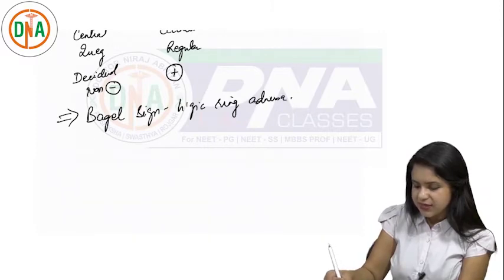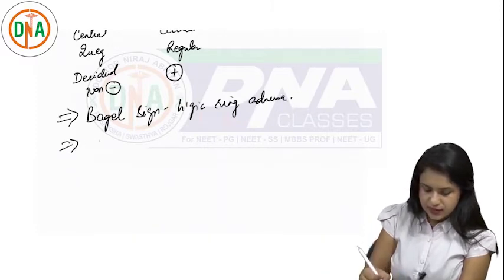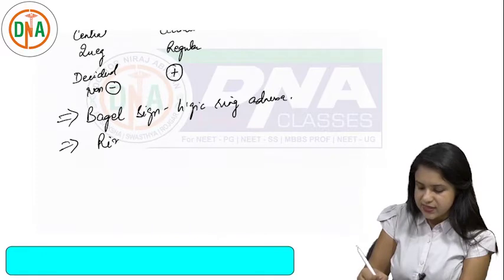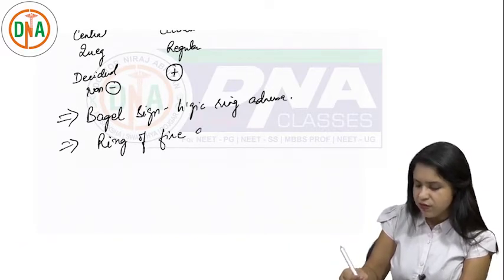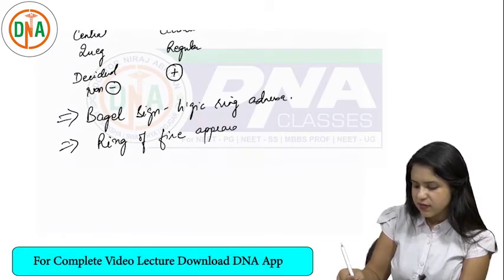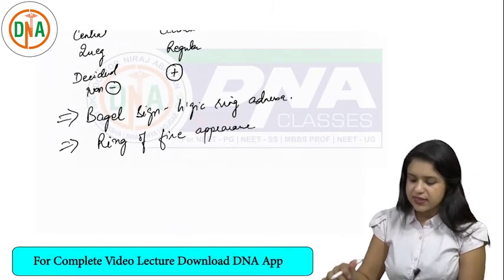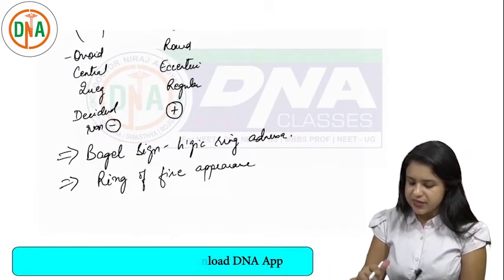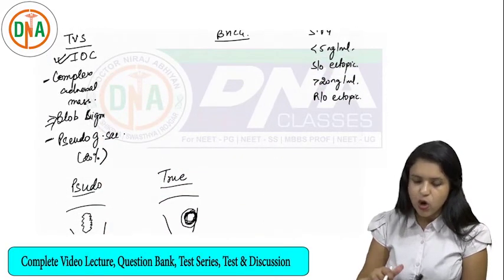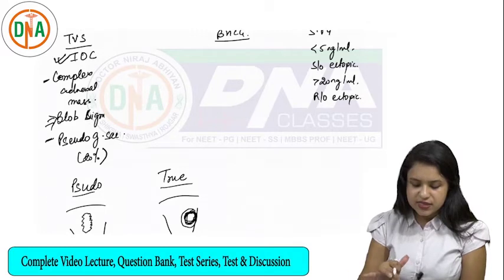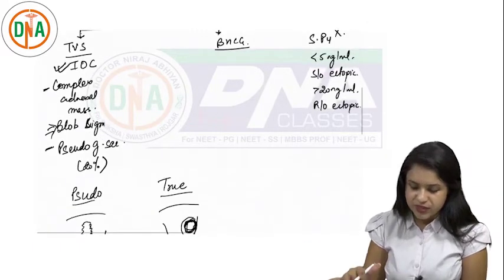This is called the Beagle sign. Then on Doppler, there is a ring of fire appearance. Beagle sign, ring of fire appearance, pseudo gestational sac, and blob sign. These things are seen on TVS.